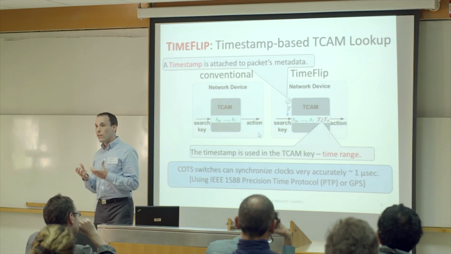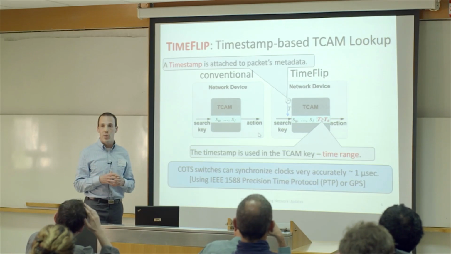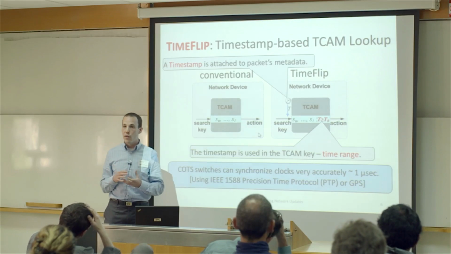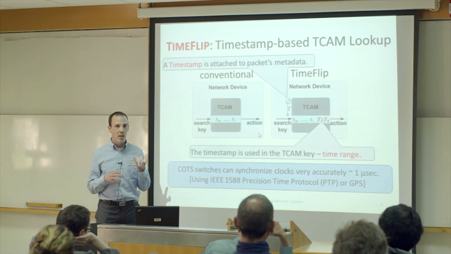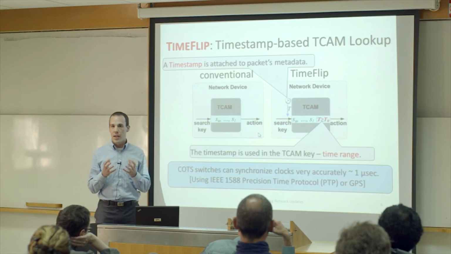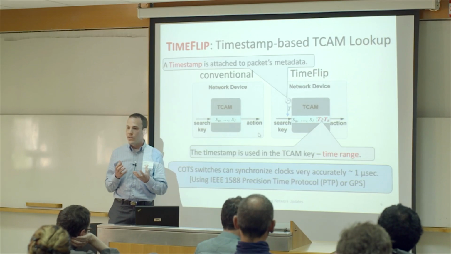So today, off-the-shelf switches can be synchronized very accurately. You can synchronize switches in a network to a degree on the order of 1 microsecond. You take that high accuracy, you combine that with time flip, and together you can get a very accurate mechanism for scheduling network updates.